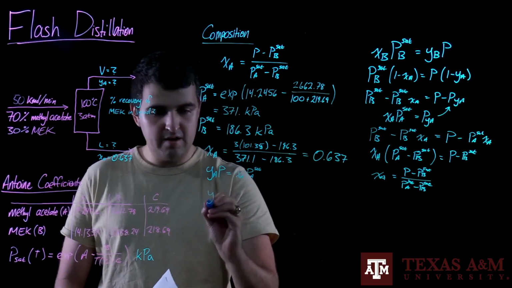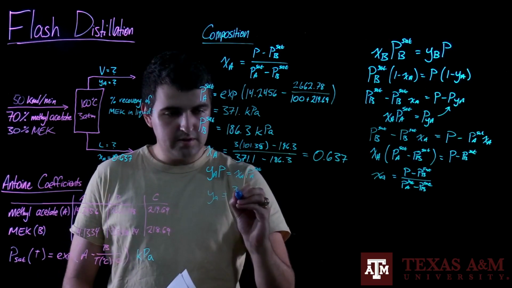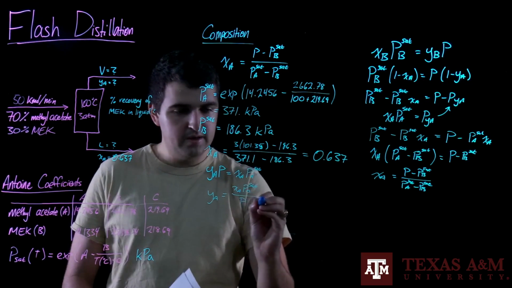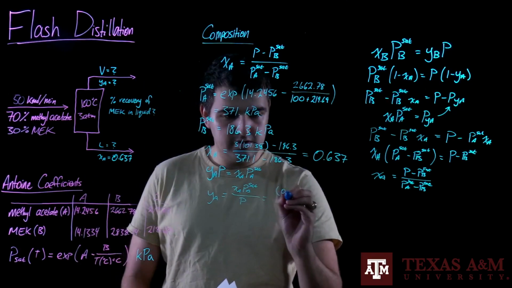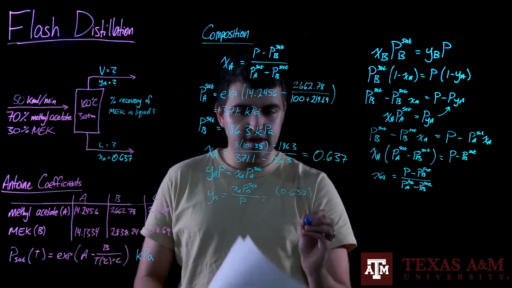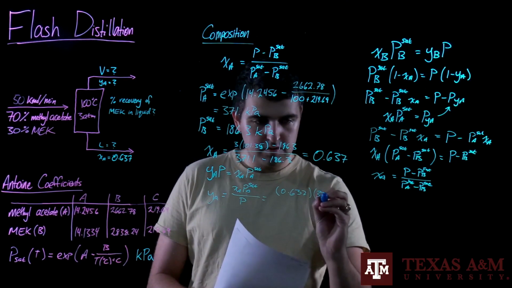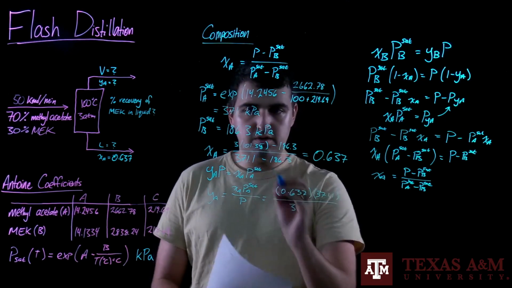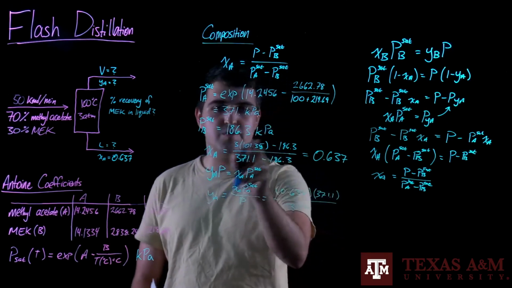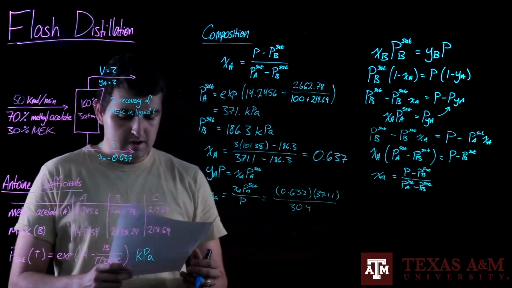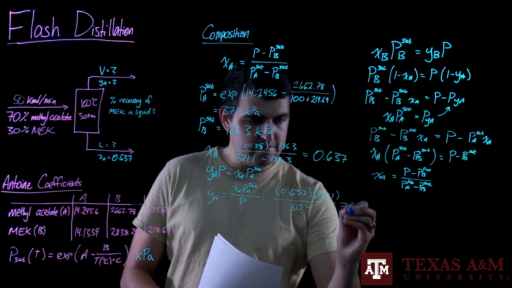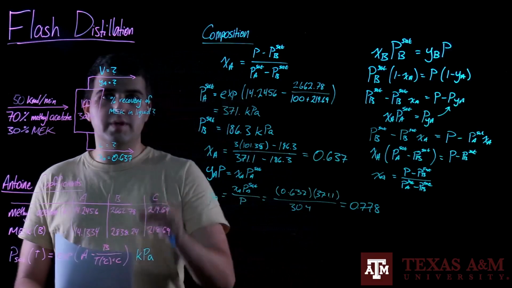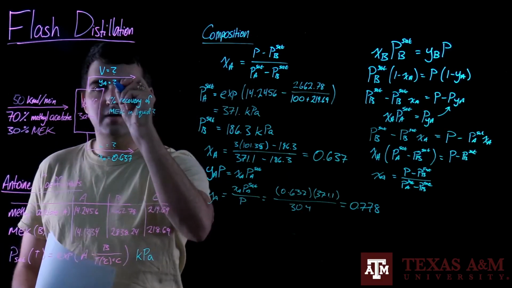This gives us YA equals XAPA sat over P. So this is 0.637 like we just got, 371.1 over our 304, which is this 3 times 101. And this gives us a YA value of 0.778, which we can go ahead and fill in here.